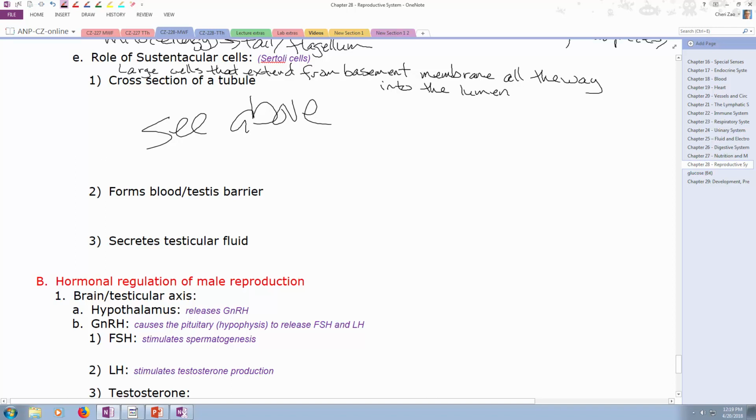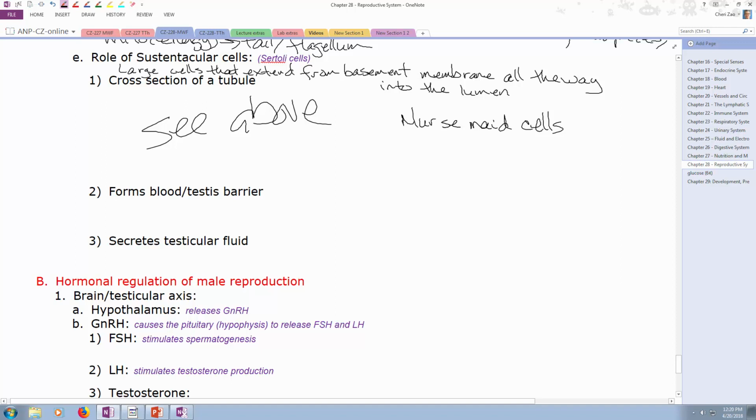When you hear the word sustentacular, what part of that word is something that you might know? Sustain, that's right. That's why they're called sustentacular cells, because another older term to describe them was nursemaid cells. Because that describes what they do.